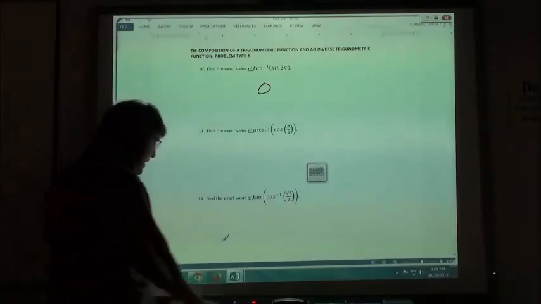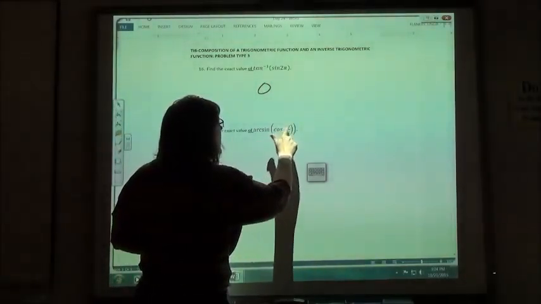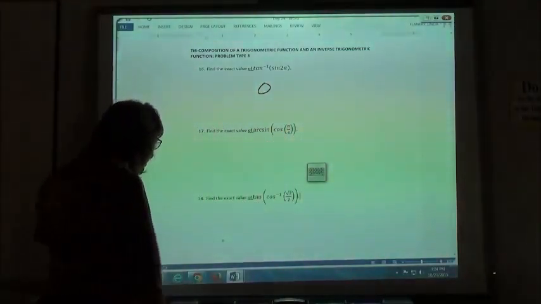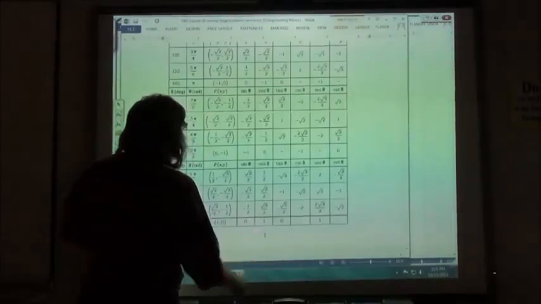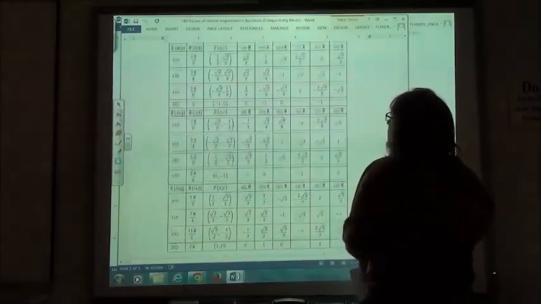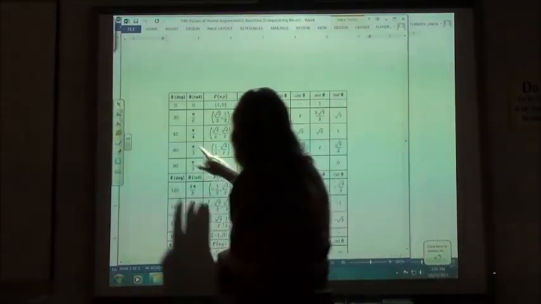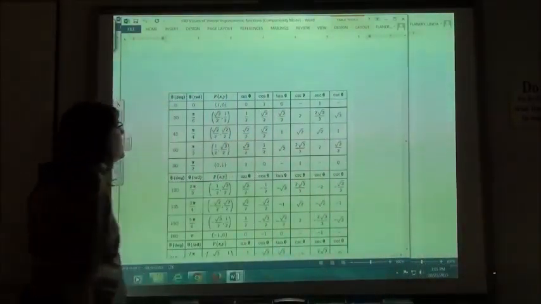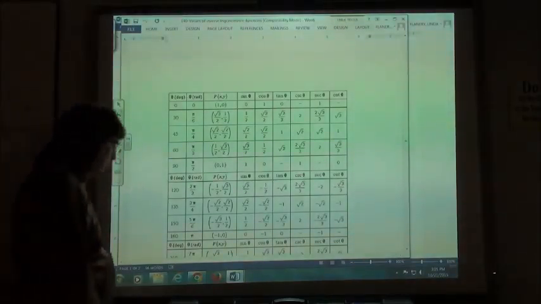Number 17, we are doing the cosine of pi over 4. So looking over here, cosine of pi over 4, I've got to move my table. Pi over 4, my cosine is square root of 2 over 2.